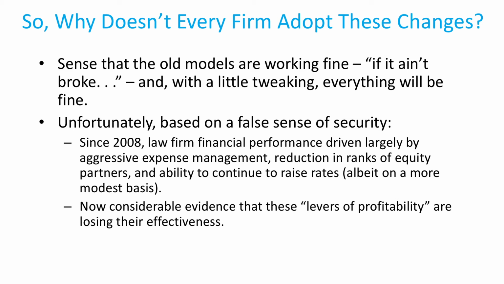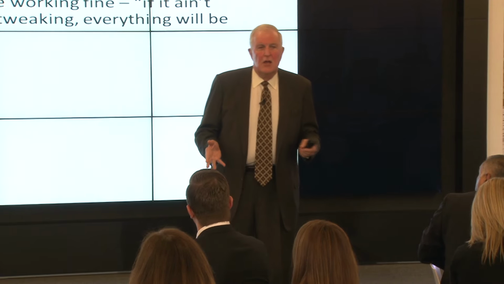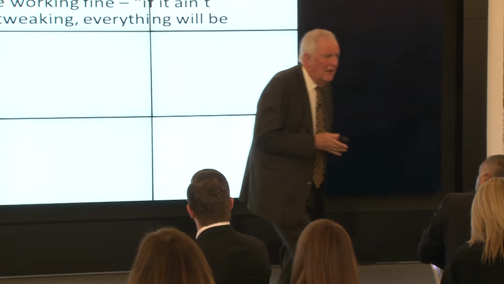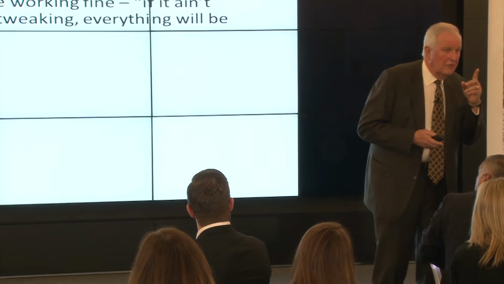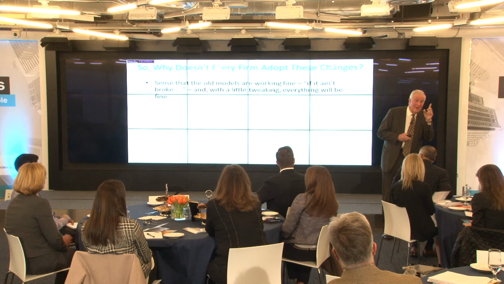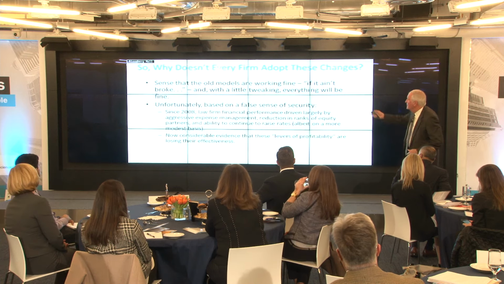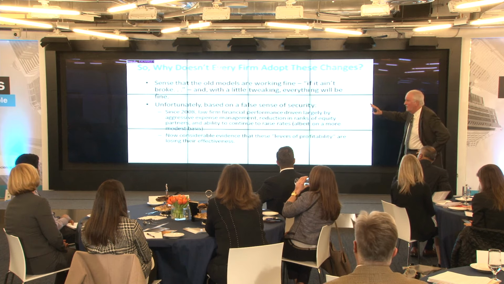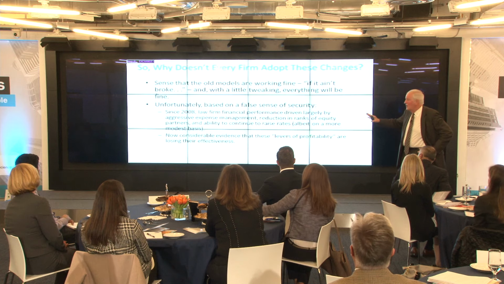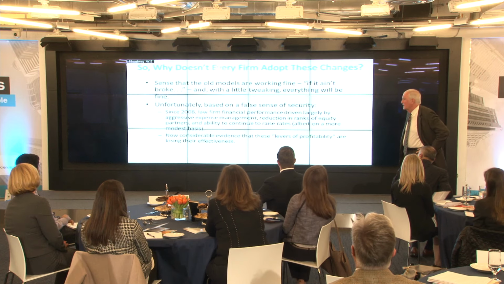So as somebody once said, it's hard to tell a room full of millionaires that their basic business model is wrong, right? And so that's the sort of phenomenon you've got. But remember, of course, that Kodak's business model was working fine in the 1990s too, right? Okay. Unfortunately, I think that this if it ain't broke syndrome is based on a false sense of security.